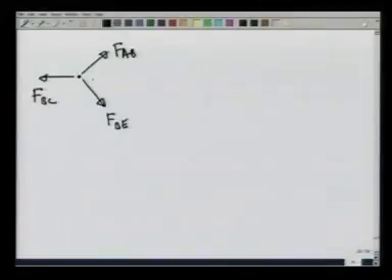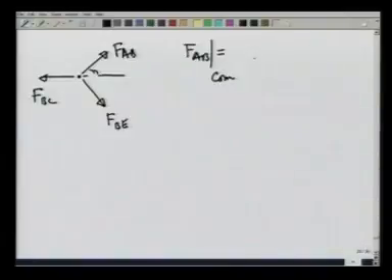So, at point B there is a force FAB working this way, FBE working this way and FBC working this way. FAB is pushing the pin out, so this is compressive, 5000 root 2 over 3.